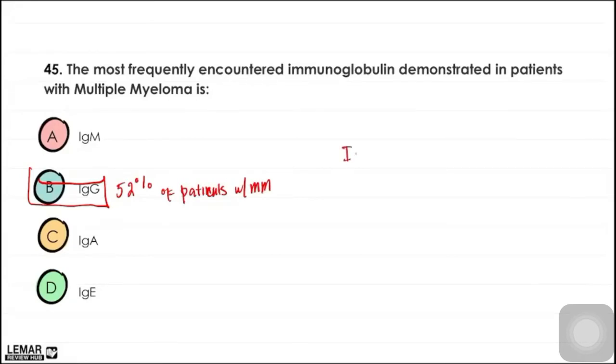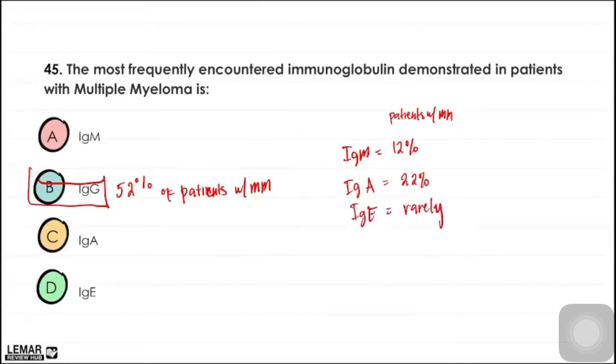Again, si IgM, ilang percent ng patient? Only 12%. IgA is present in 22% of patients. IgE is rarely detected.